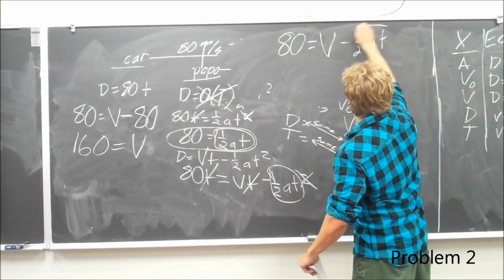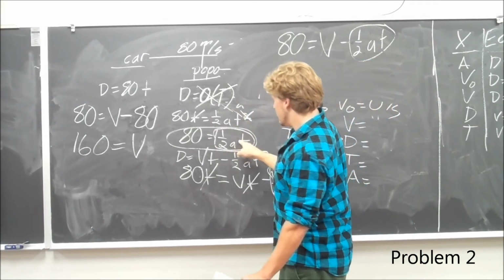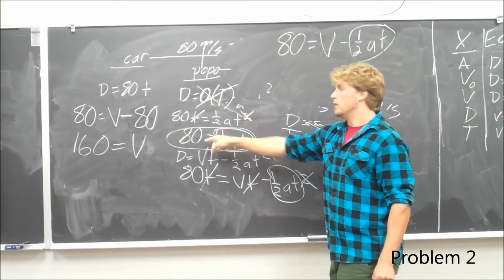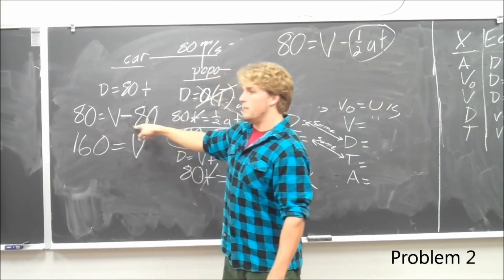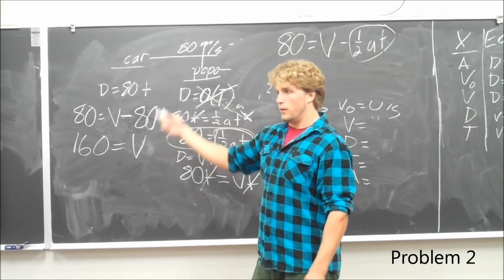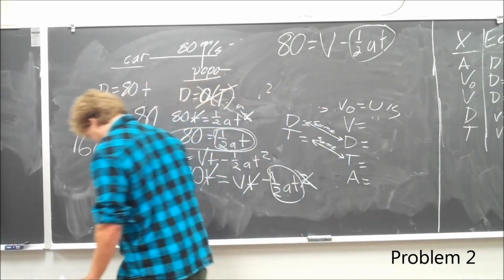So we have this 1/2 at that we know is equal to 80. So now it turns into 80 equals v minus 80. Bring it over, 160, right? Boom. That can work.